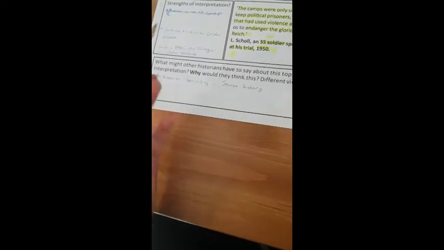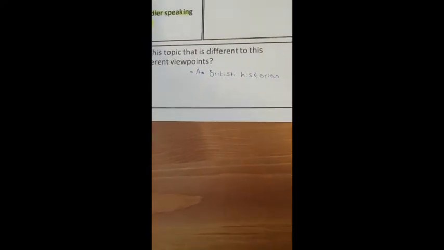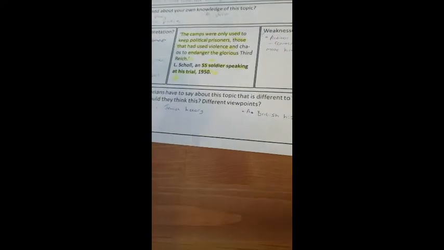So in terms of historian, I mean, this isn't a specific historian, so you could literally say any historian would disagree because they'd have done their research, but I've said a historian specialising in Jewish history, and you could also go for a British historian because they would have the full picture and wouldn't be influenced. So why would they say it?